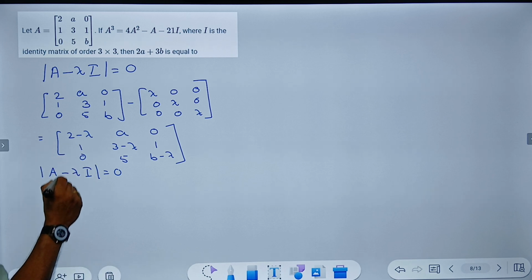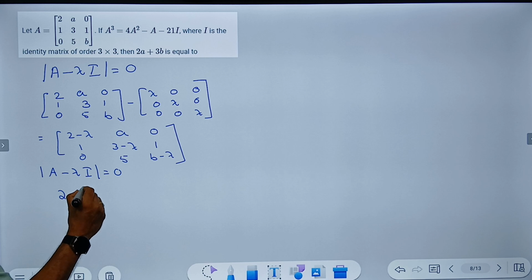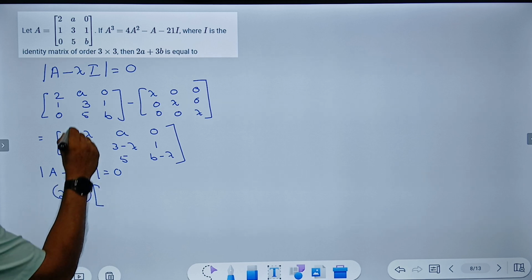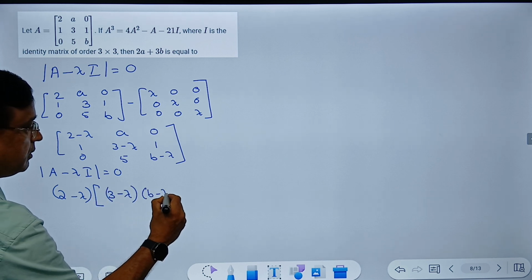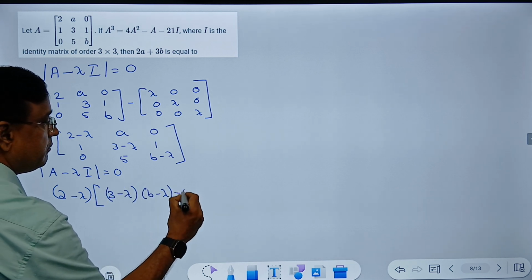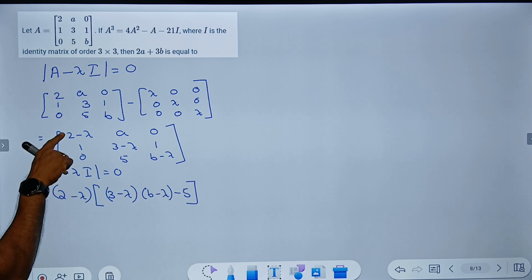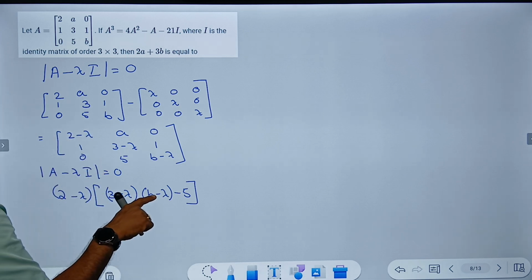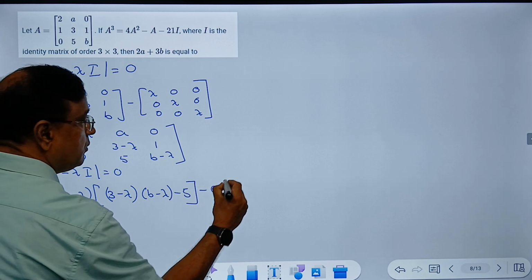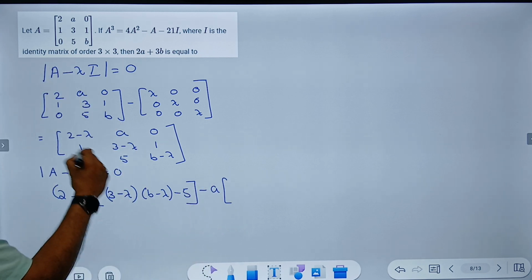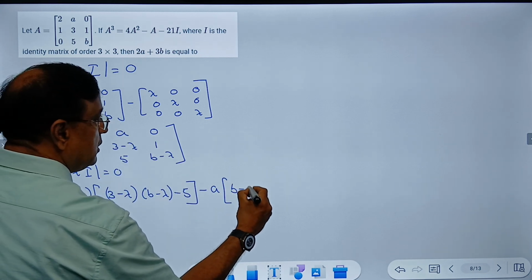Now what happens is, how you expand the determinant. You get 2 minus lambda into, first row first column, 3 minus lambda into b minus lambda minus 5, correct? 2 minus lambda into 3 minus lambda into b minus lambda minus 5. Minus a into, what happens here? It will be b minus lambda.